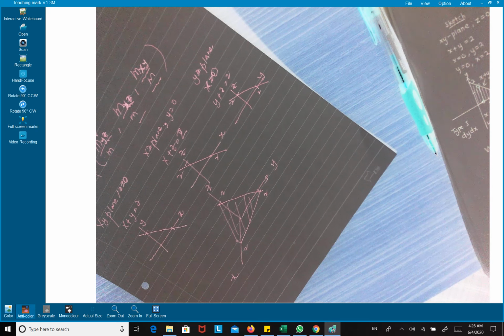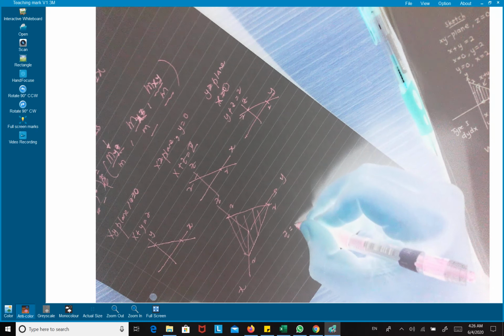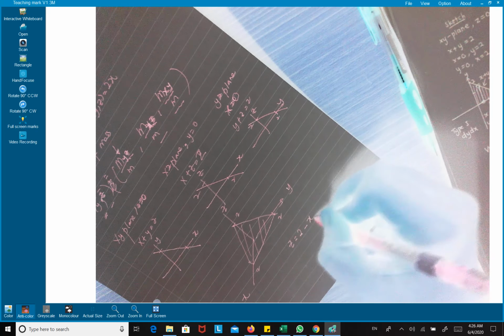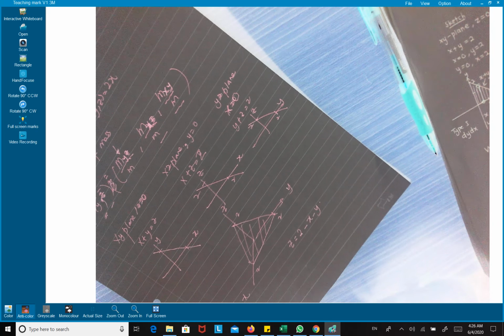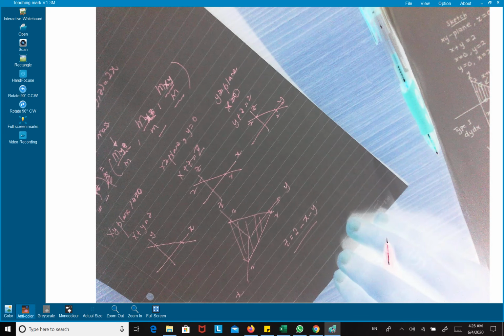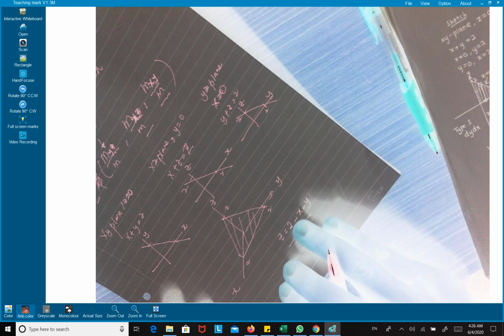So z equals to 2 minus x minus y. This will come from the original question. We already know the z, so we can use Cartesian coordinates to solve the integral.